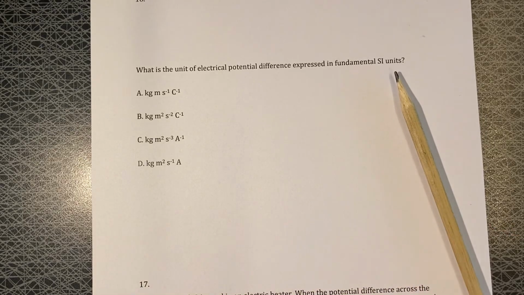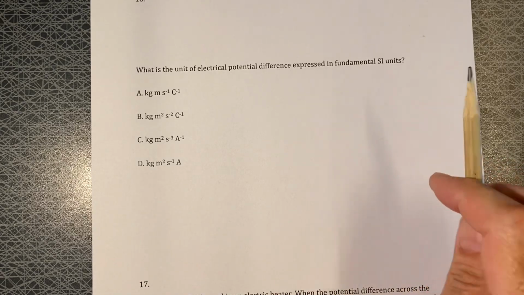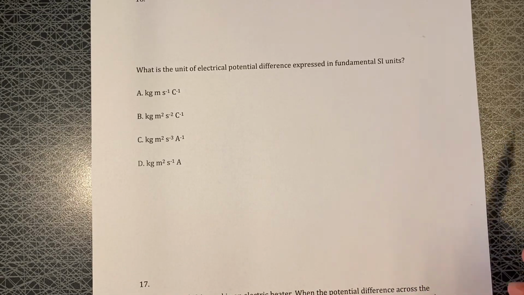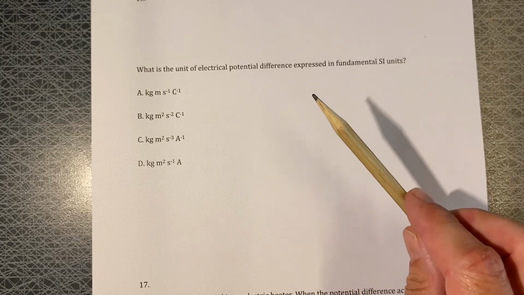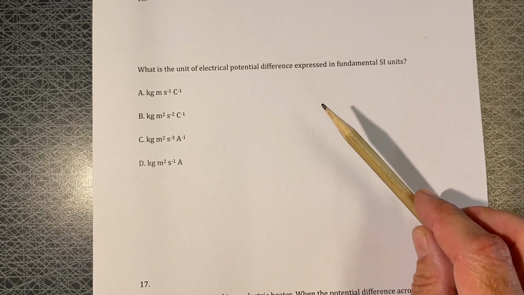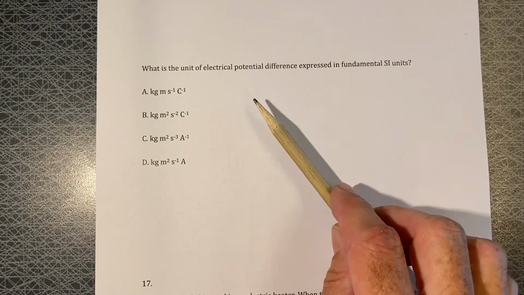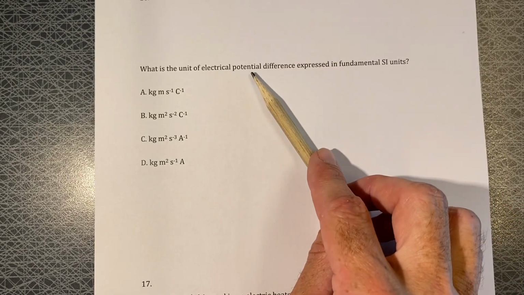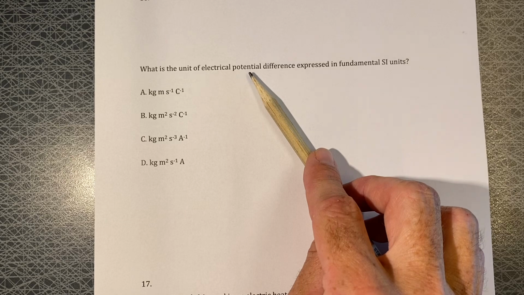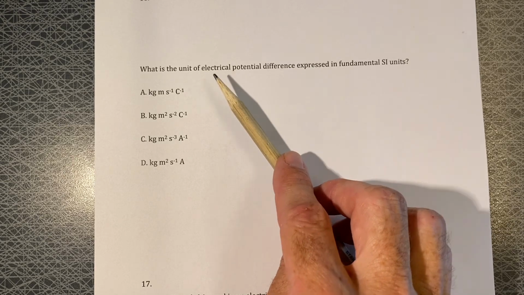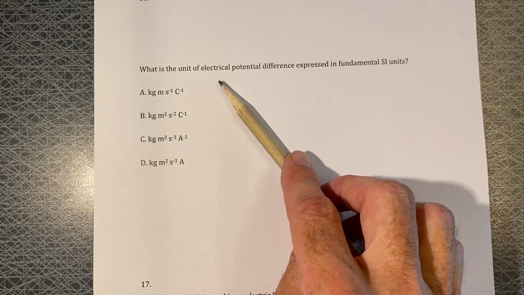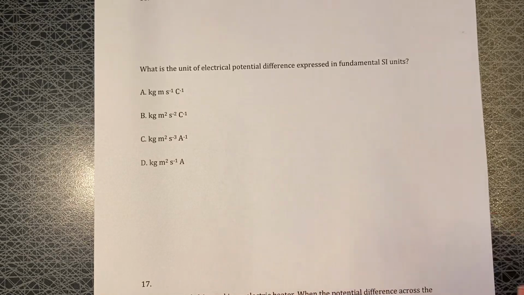The first thing you need to be aware of is that in physics we are very accurate with definitions. So electric potential needs to have the same unit as gravitational potential or any other potential.